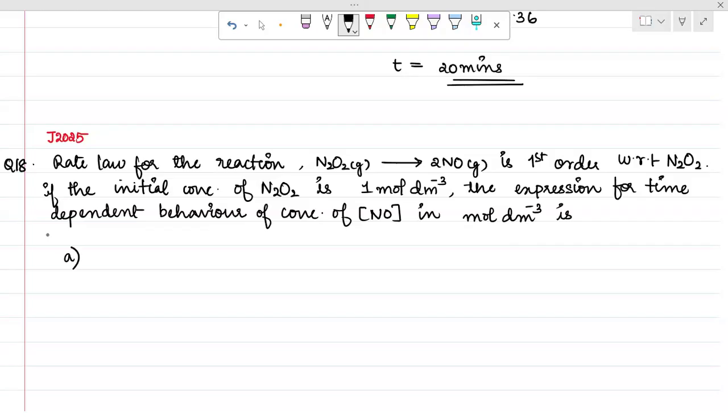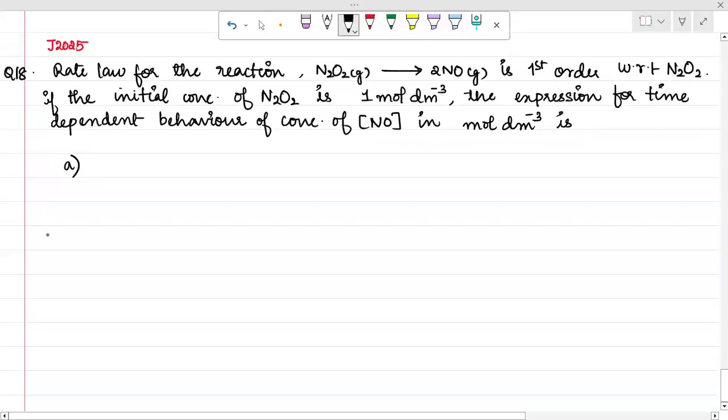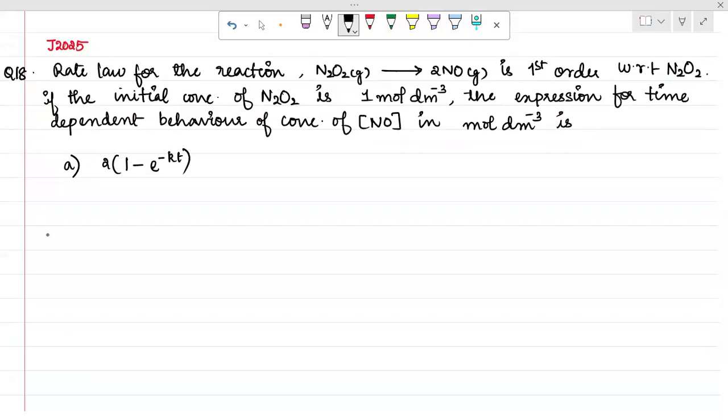Very nice question. Easy but a bit tricky. Option A, 2 times 1 minus e to the power minus kt. Option B, 0.5 times 1 minus e to the power minus kt. Option C, 1 minus e to the power minus kt. Option D, 1 plus e to the power minus kt.